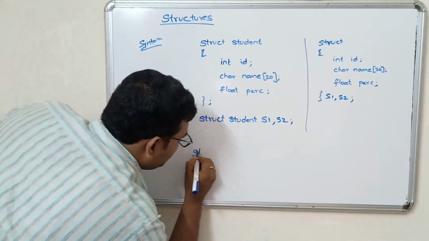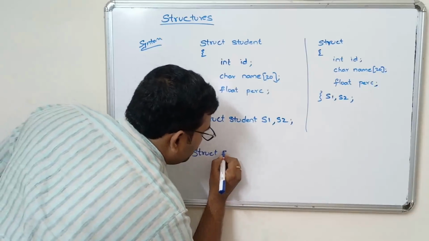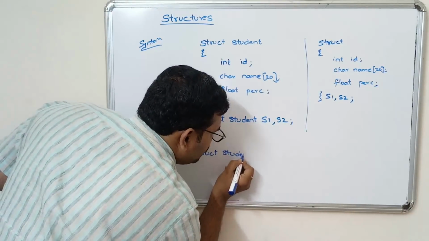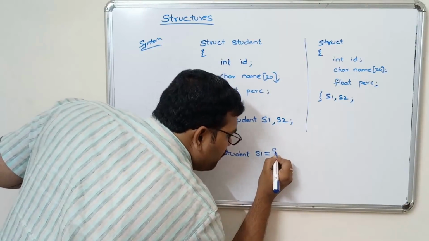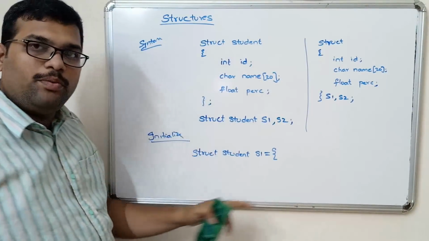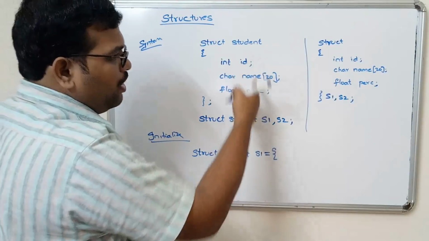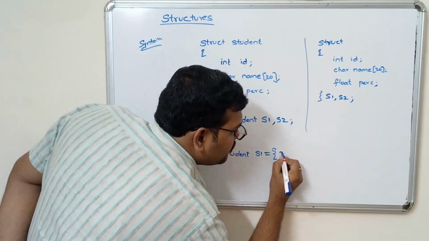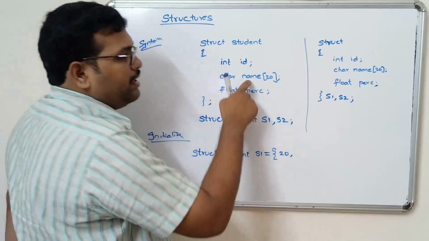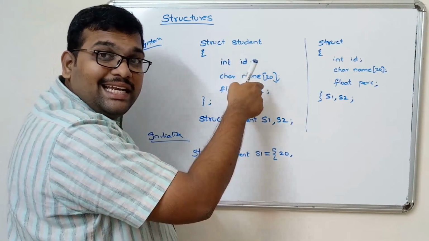So struct student S1 is equal to, open the curly brace, and write down all these things. ID, we initialize the ID as 20, comma, name is a string.